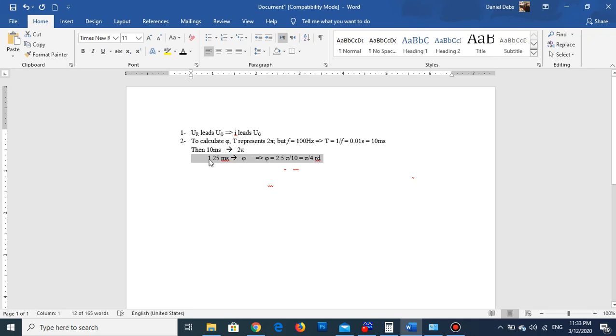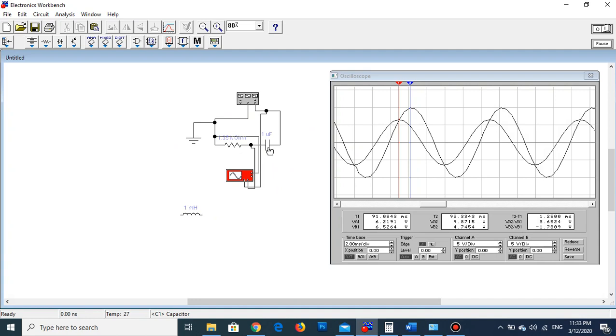So phi must be 1.25 times 2 pi over 10. And 2.5 over 10 is 1 over 4, so phi is pi by 4 radians. This is how to calculate the difference in phase between the two oscillograms, keeping in mind that in any circuit containing C and R, the current in the circuit, I, must lead the voltage of the generator.